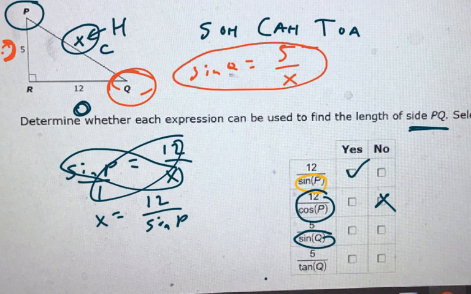And skipping the middle step, guys, if I put a 1 here and cross multiply and solve it, x is going to be 5 over sine of Q. So guess what? That's what they have here. So that one's a yes. And logically, if 5 over sine works, guys, can 5 over tangent or 5 over cosine work? No. So that's how I would approach that one.